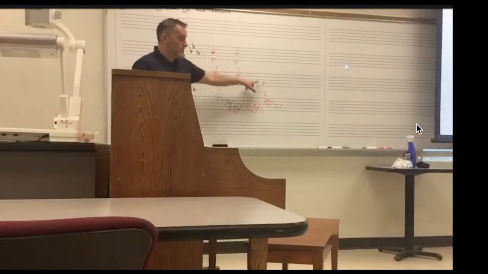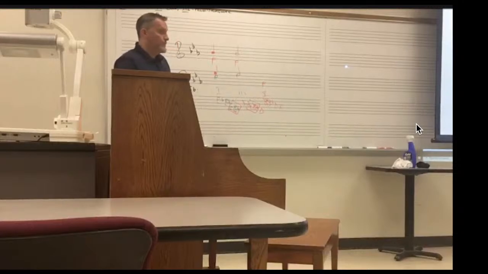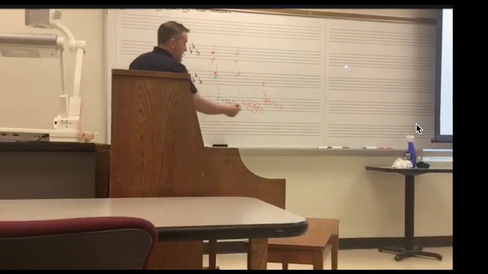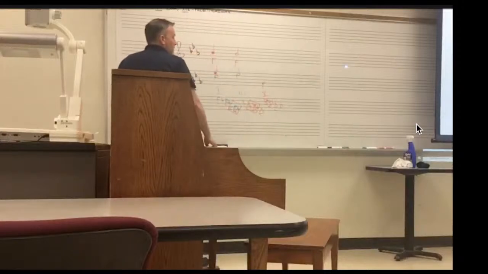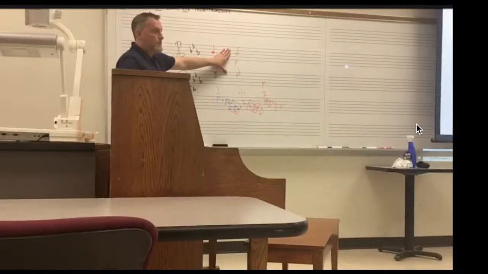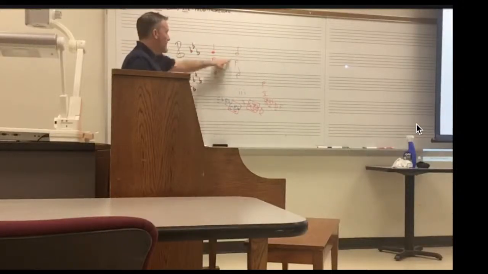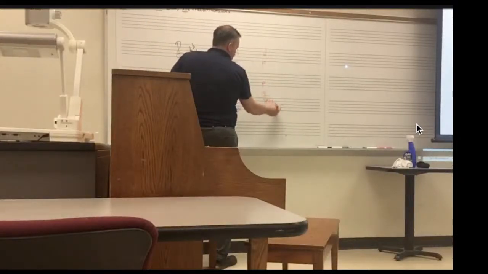What are our two common tones? B flat, D. Yes. So which two voices here have our B flat and D? Okay, so those two voices stay. B flat, D, and the only note then I gotta fill in is the F, which again should move by step.